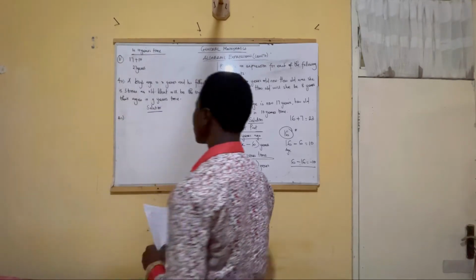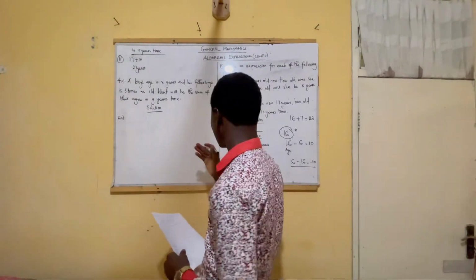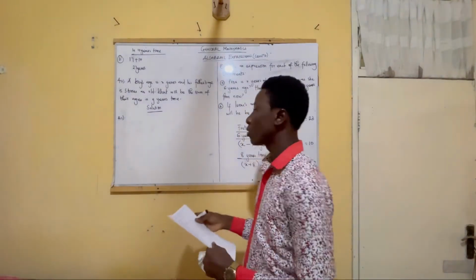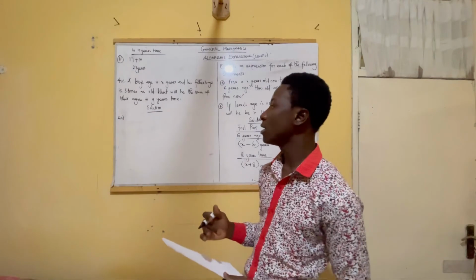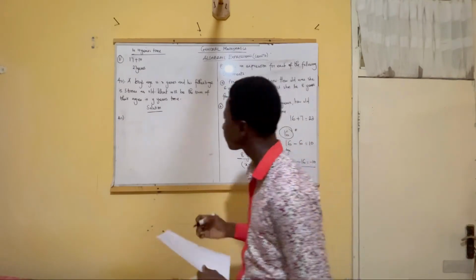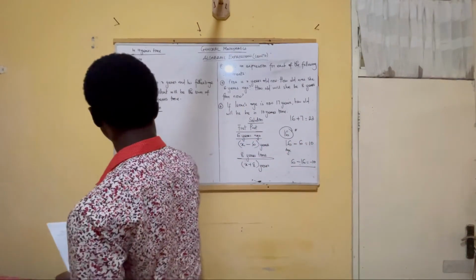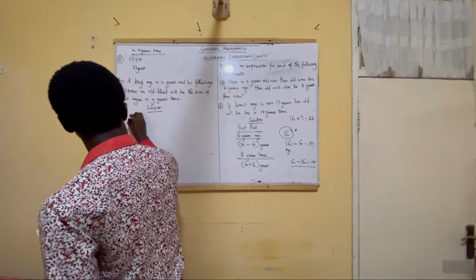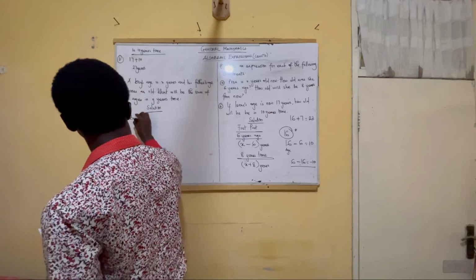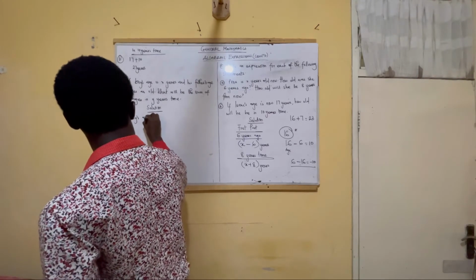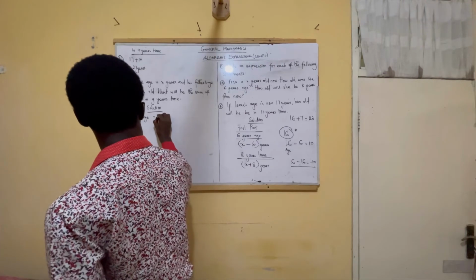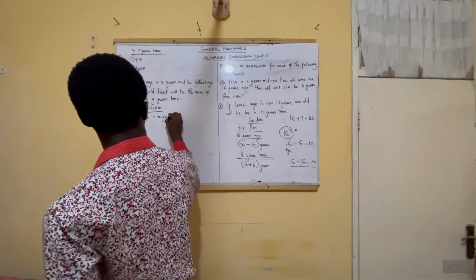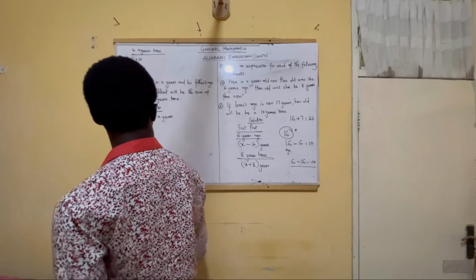Questions like this appear somewhat different, and I advise you to put them in steps. Currently, the boy's age is equal to x years.